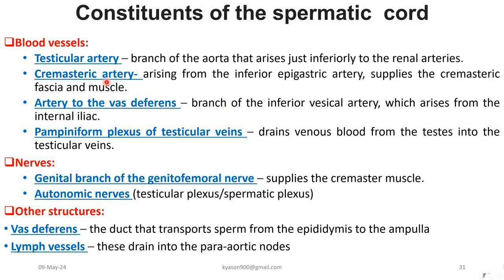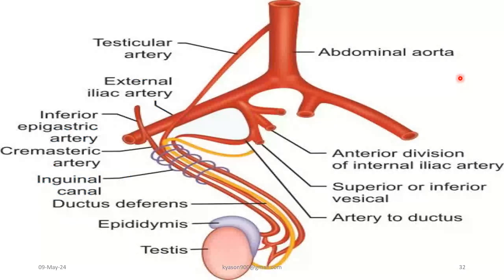The cremasteric artery is an artery that's going to be arising from the inferior epigastric. Remember your inferior epigastric? It's going to give off the cremasteric artery, which will supply or nourish the cremasteric muscle and fascia. Okay, so the cremasteric artery, you can see it there.